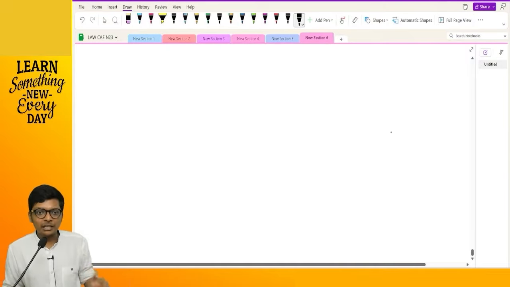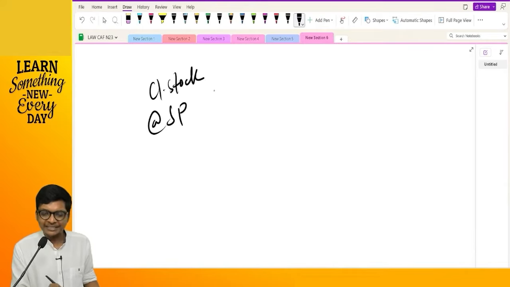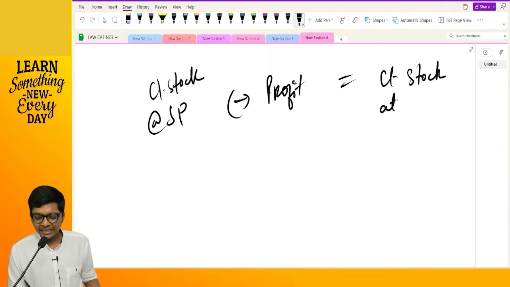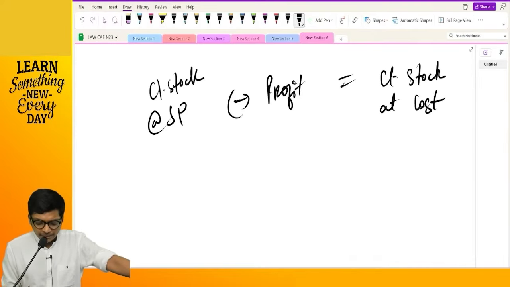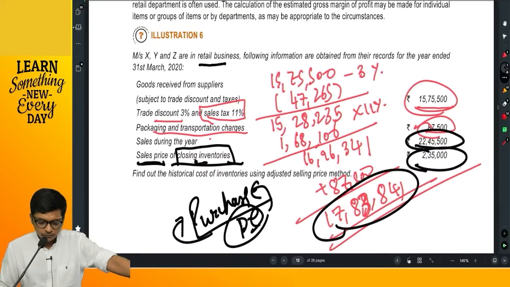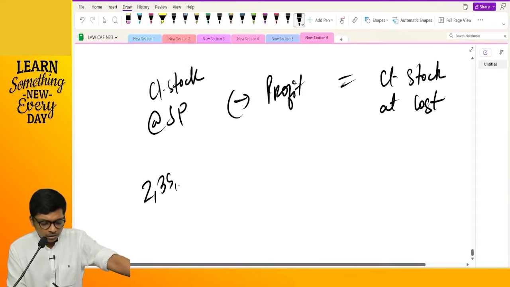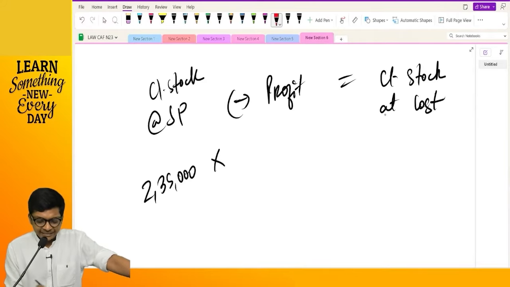Now I need to find closing stock at cost. Closing stock at selling price minus profit will give me closing stock at cost. What is the closing stock at selling price given in the question? 2,35,000. So you have 2,35,000 into 28.09%.